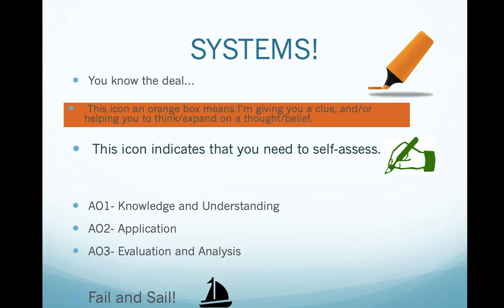And then your AO3 is evaluation and analysis. Now, in terms of evaluation and analysis in sociology, it's actually not that difficult, and I want you to really get to thinking that it's not that difficult, because really you are looking at society. So if I say to you, oh, society isn't really happy at the moment, you can tell me why, because you all pretty much have some sort of understanding of the world around you.